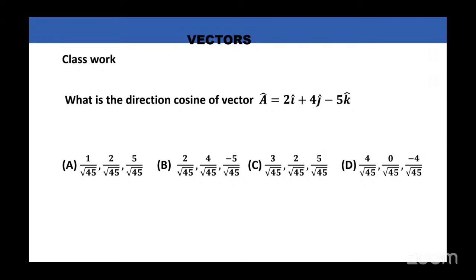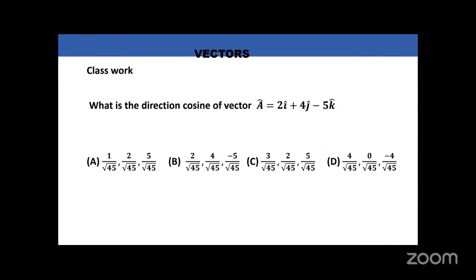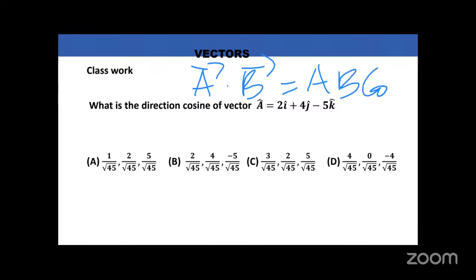So if you recall, direction cosine for two-dimensional vectors, for instance, if you are given vector A and vector B, the angle between them, we can use AB cos theta to find the angle between them.